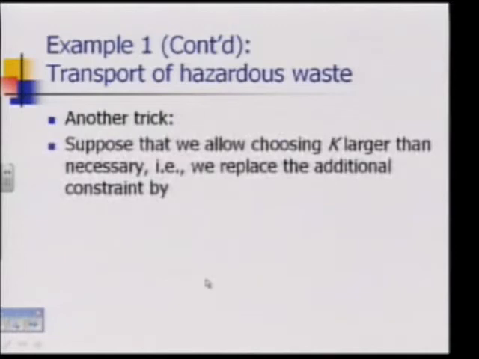And suppose that we allow choosing K larger than necessary. Okay, so we could say, well, I can choose K even greater than the maximum value of that. What will happen?